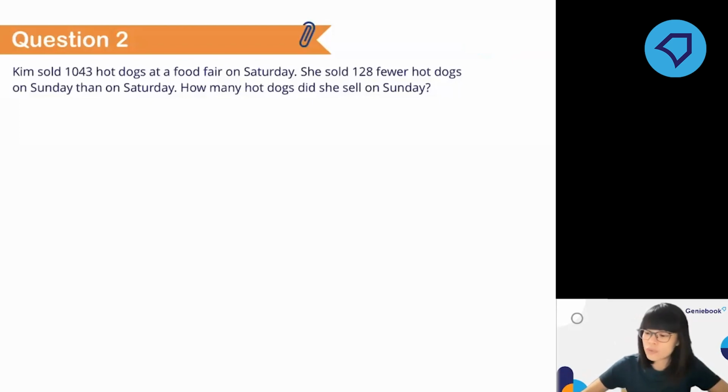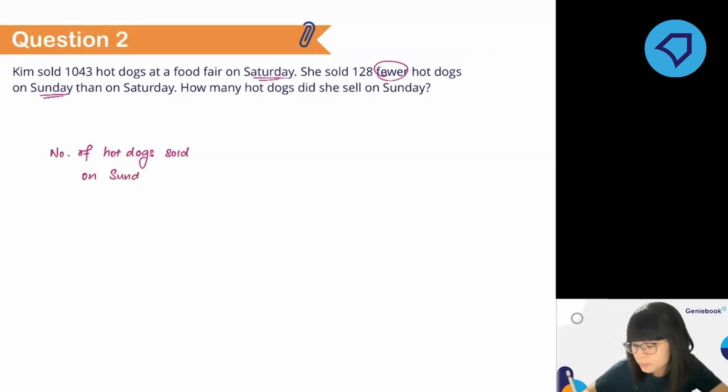You are told that she sold fewer on Sunday. You are given the number that she sold on Saturday. So you want to find the number of hot dogs sold on Sunday. So what do you need to do? Fewer means we need to do subtraction. You're giving me the correct answer already.